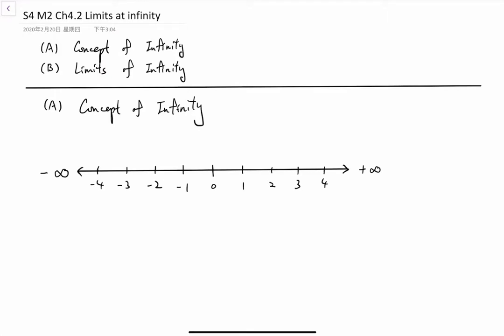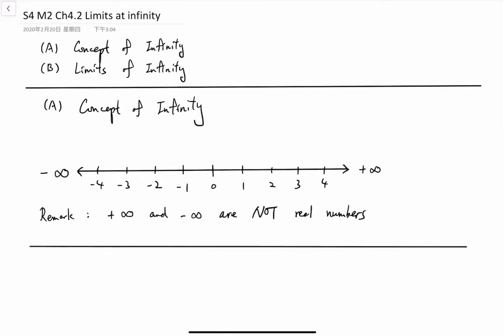We use this notation to represent infinity. Here is just a remark: although we will use positive infinity and negative infinity to represent some concepts, bear in mind, they are not real numbers. Actually, they are not numbers. So this is the concept of infinity.